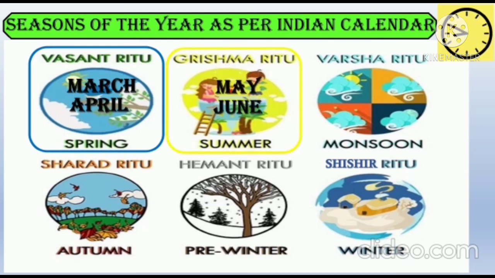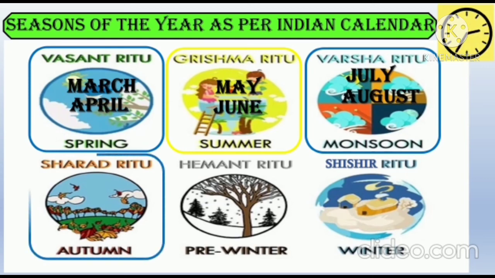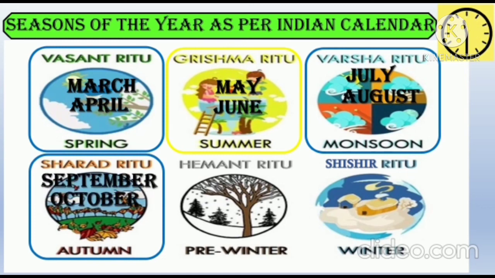May and June months have Grishma Ritu. Varsha Rutu, that is monsoon. It starts with July and ends with August. Next is Sharad Ritu. It is the autumn time. It begins from September and it ends in October.